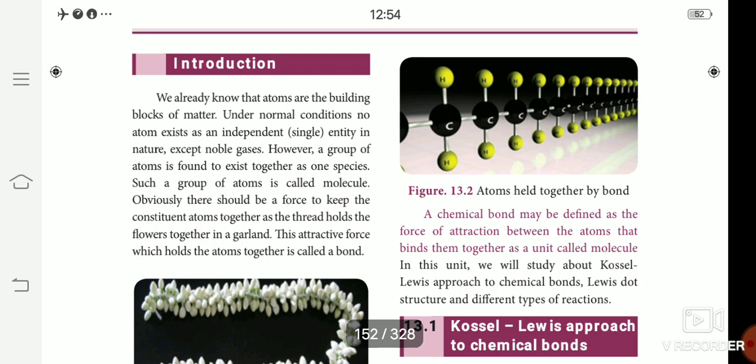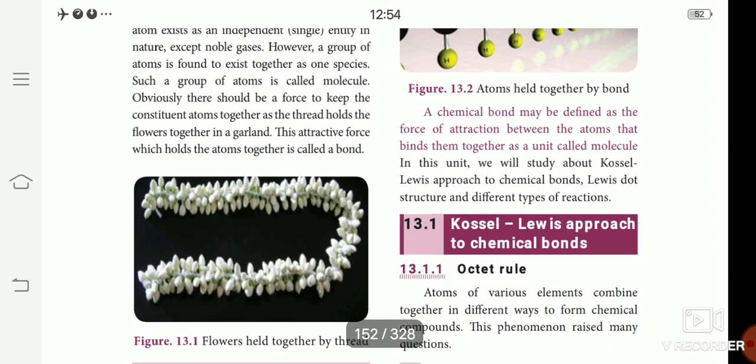Okay, so next is the Kossel-Lewis approach to chemical bonding. This is otherwise called the octet rule. Okay, octet rule. Oct means 8. So eight electrons around the valence shell is called the octet rule.